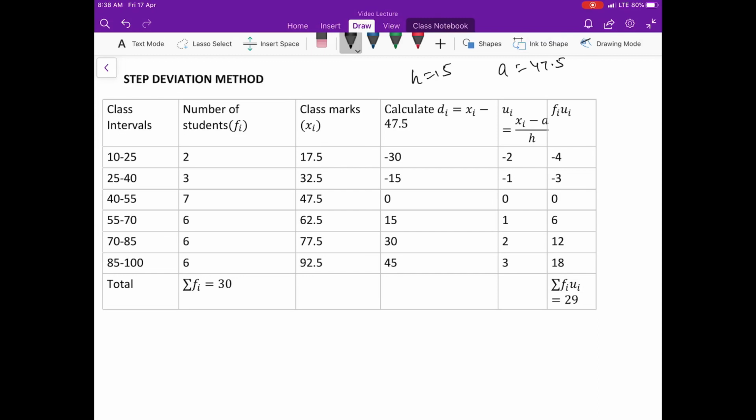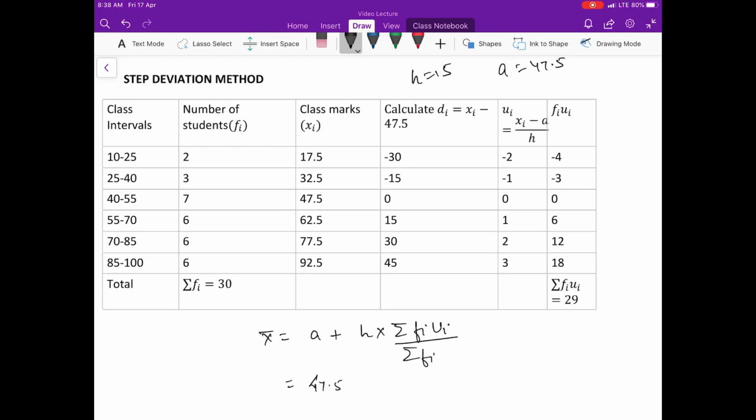Now we will calculate the mean from the step deviation method. The formula of mean through the step deviation method is a plus height of the class into sigma fi ui upon sigma fi. We already calculated all the data in the table as shown here.